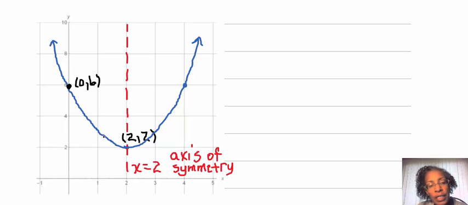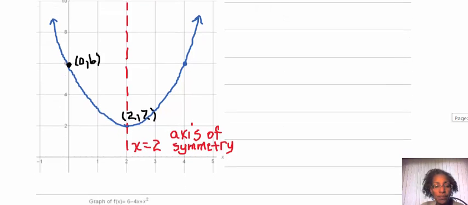But the function very smoothly makes this turnaround from decreasing to increasing. So you want to make sure when you show that vertex that you don't have a sharp point there. You don't have a V, but it should look something similar to this.